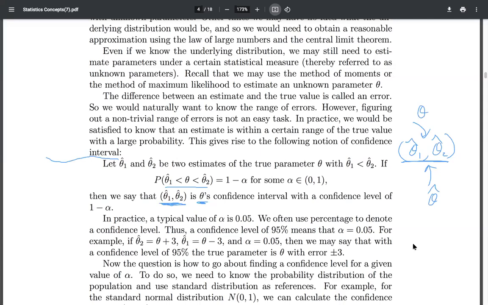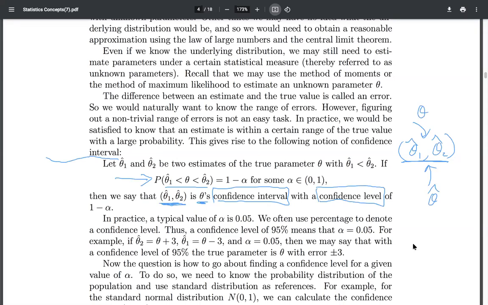So in other words, now I have two concepts here. One is the confidence interval. The other is the confidence level, or from this. This is what I want.